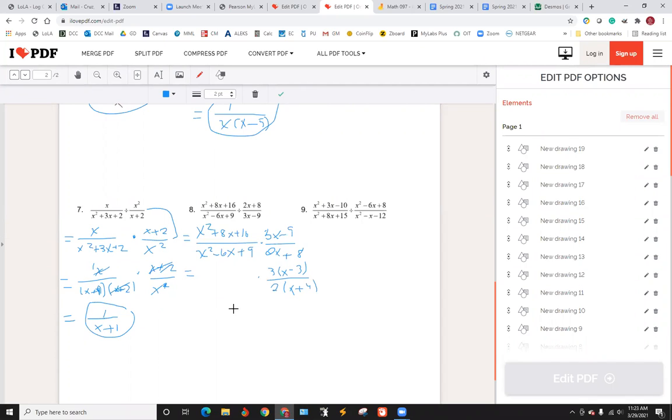Now I'm going to use these as a hint. For the denominator, I'm looking for an x minus 3. Negative 3 goes into positive 9, negative 3 times. So these are both x minus 3, x minus 3 times x minus 3.